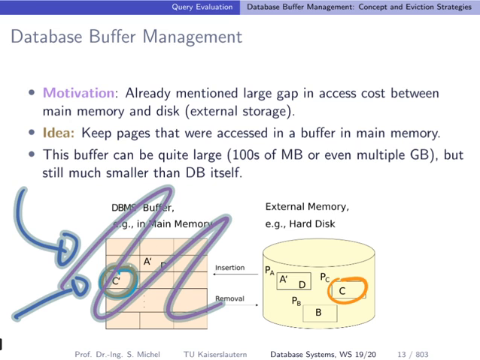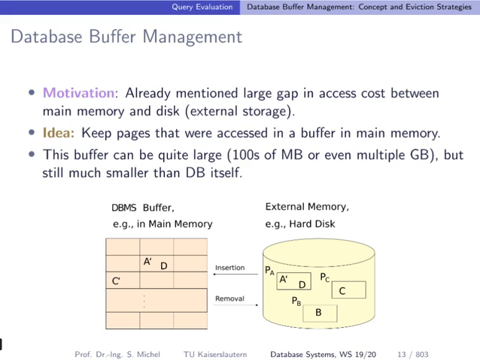This will be a topic later on when we talk about transaction processing. The other situation can also happen that the change was written back to disk. For instance here, this A prime is the same as in the buffer. Now it could happen that the user says abort, so the transaction would need to be cancelled, and then we have to go back to disk here and somehow revert that A prime into the old A. This undo is also part of the chapter on transaction processing.